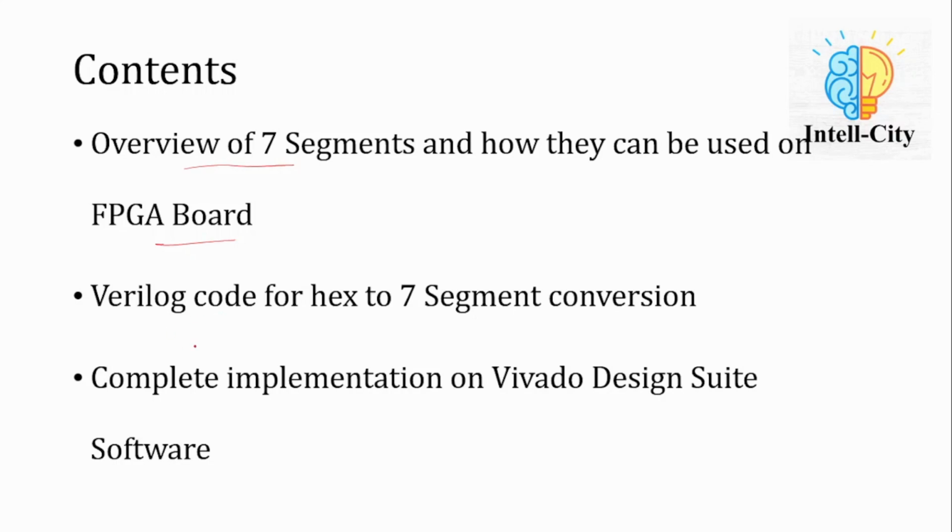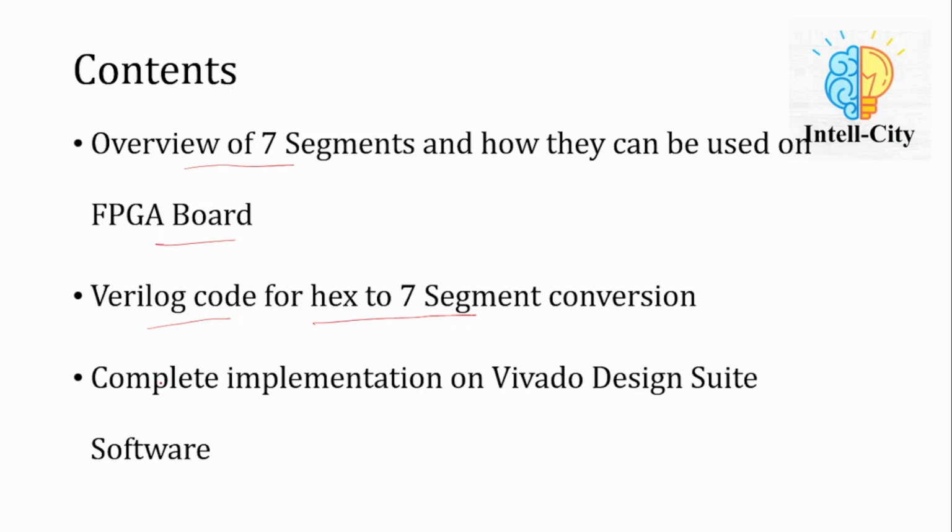And then we are gonna see the working of the Verilog code. In the Verilog code we will design a hex to 7 segment conversion code. So it will be basically a decoder which will convert the hexadecimal format to the 7 segment format, and I'll explain that code to you.